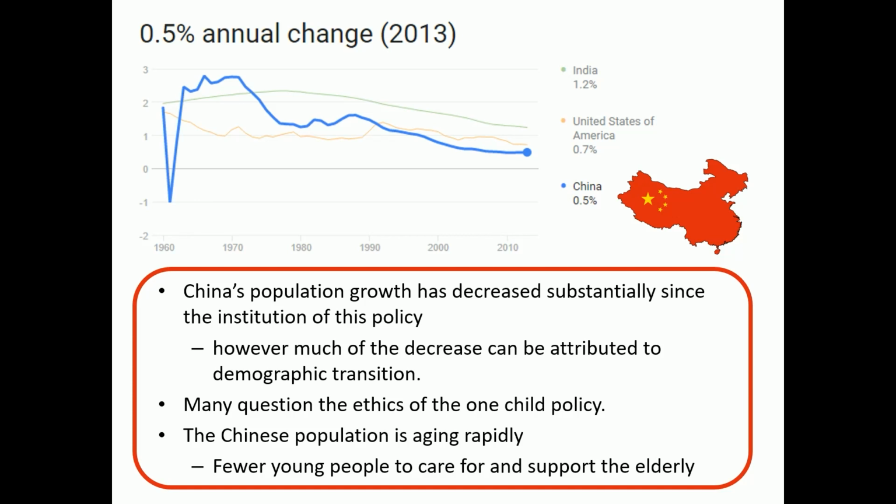So you can see on this chart how high their annual population growth rate was right before the 1970s, and then once the policy is instituted, that population growth rate drops until it's below the United States' population growth rate. China is still the most populous country in the world, but India will likely overtake it pretty soon.